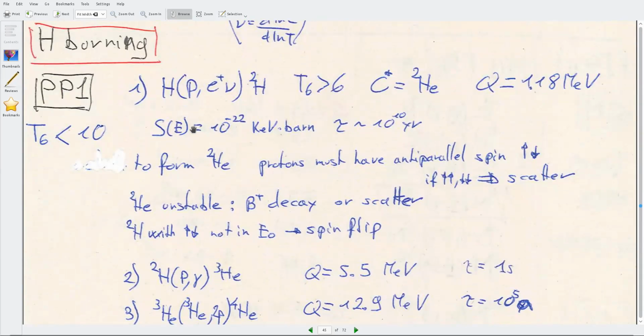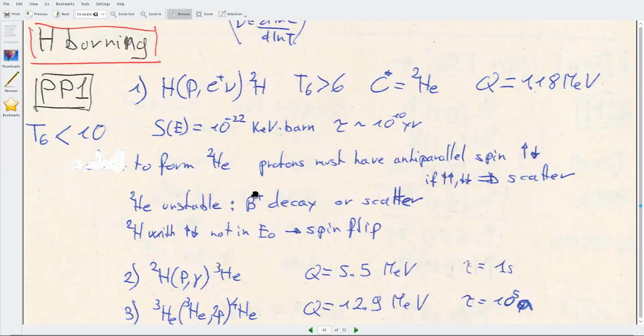The first one is usually definitely really difficult. You see, usually you have one reaction every 10 billion years. This is because to form the helium-2, that is the intermediate here, the protons must have antiparallel spin, otherwise there is a scatter.